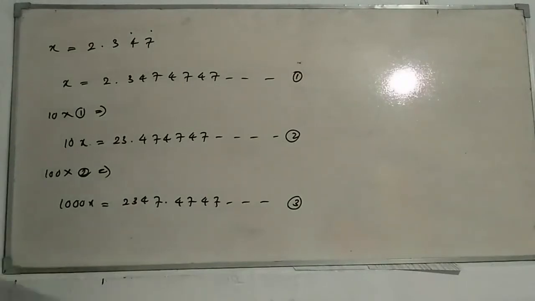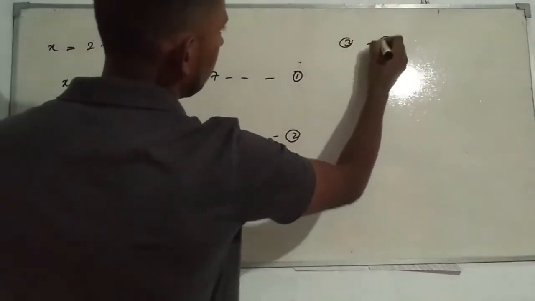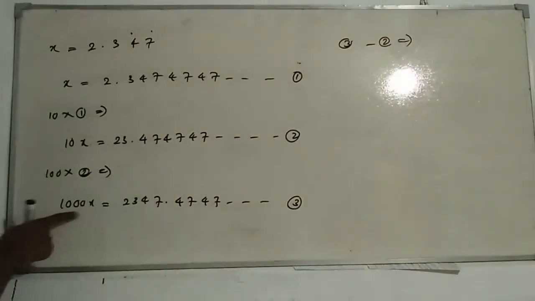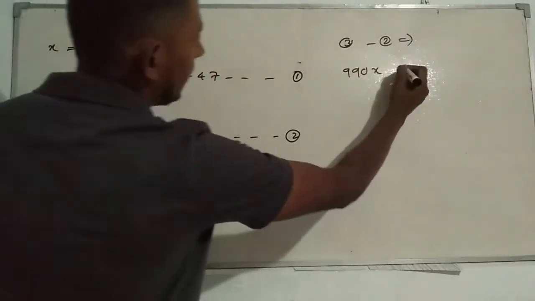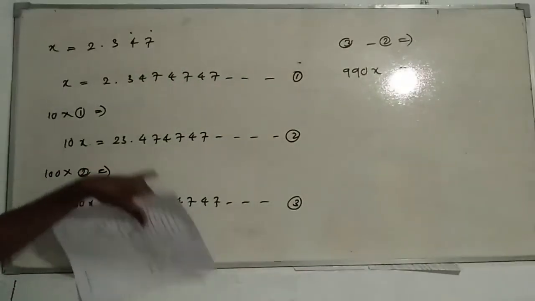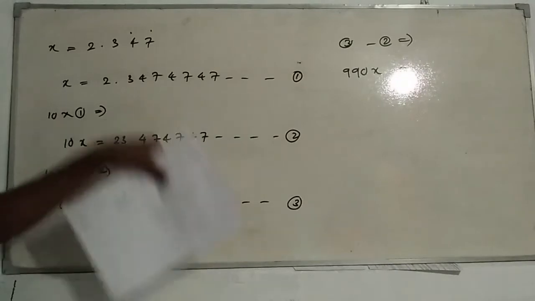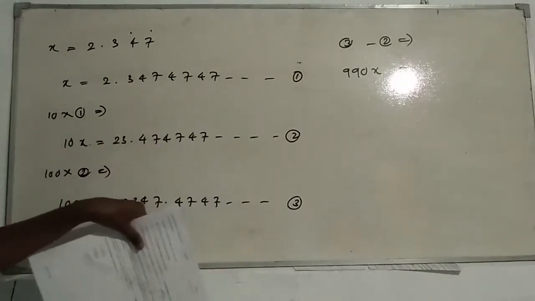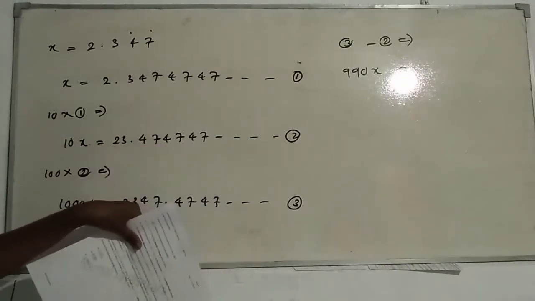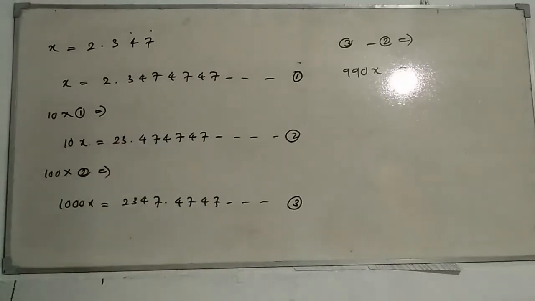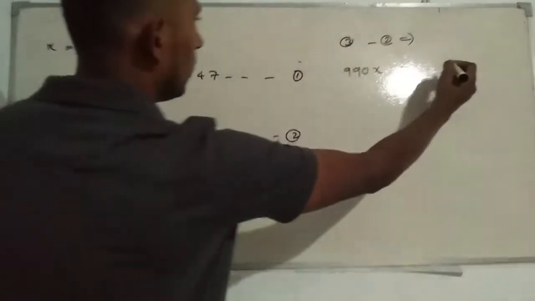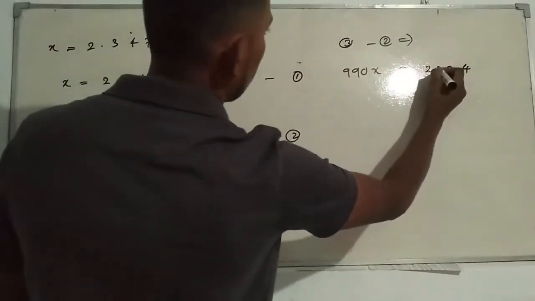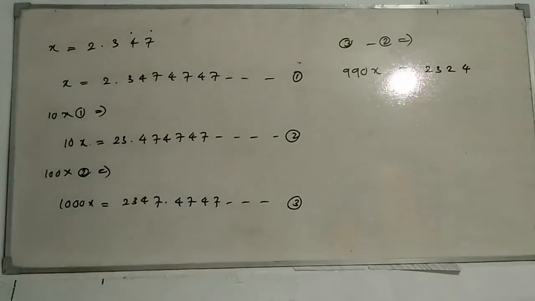Right. Now subtract the third equation from the second equation. You will have this kind of result. Then 1000x minus 10x, that means 990x equals. Look at this side. Those decimals cancel with each other. If you subtract 2347 minus 23, you will get 2324. Right.